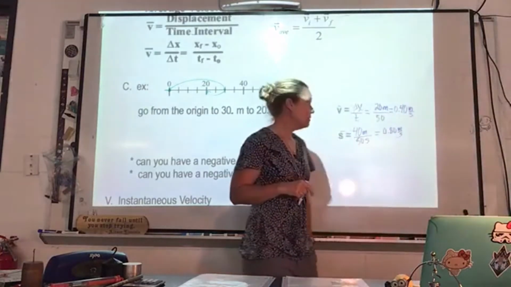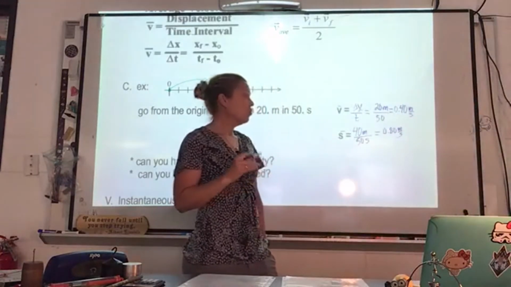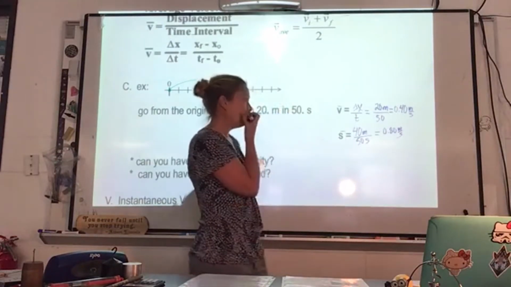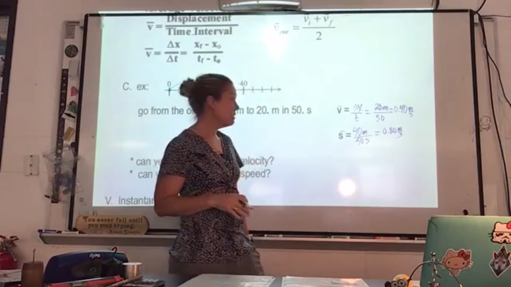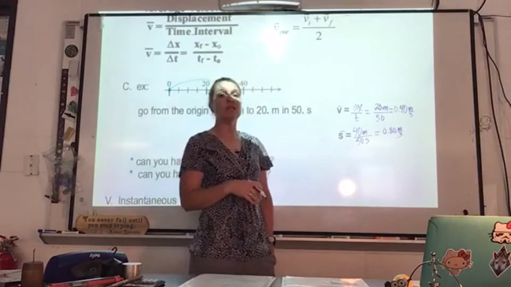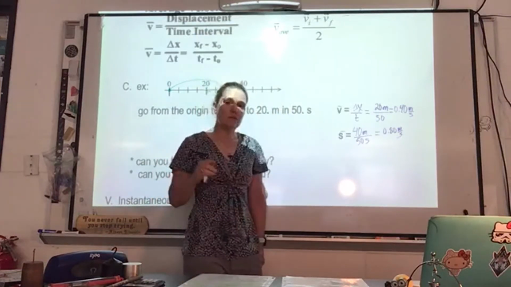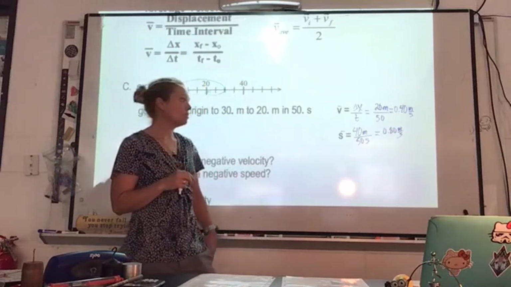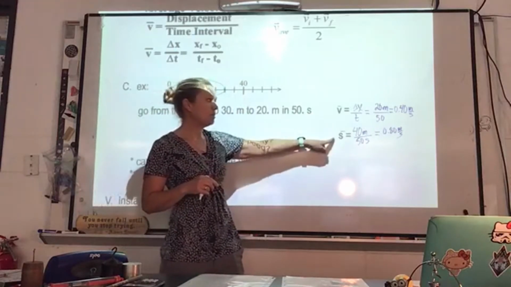Okay. So, okay. When would these be the same? Can they be the same? Can your velocity and your speed be the same? Yep. What has to happen for that to be the same? What circumstances would make your velocity and speed the same?